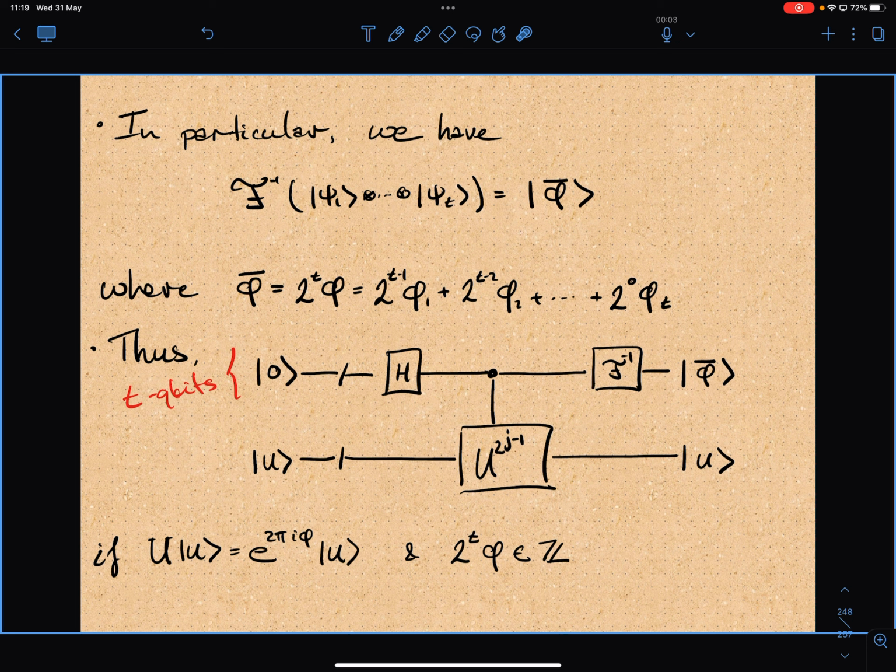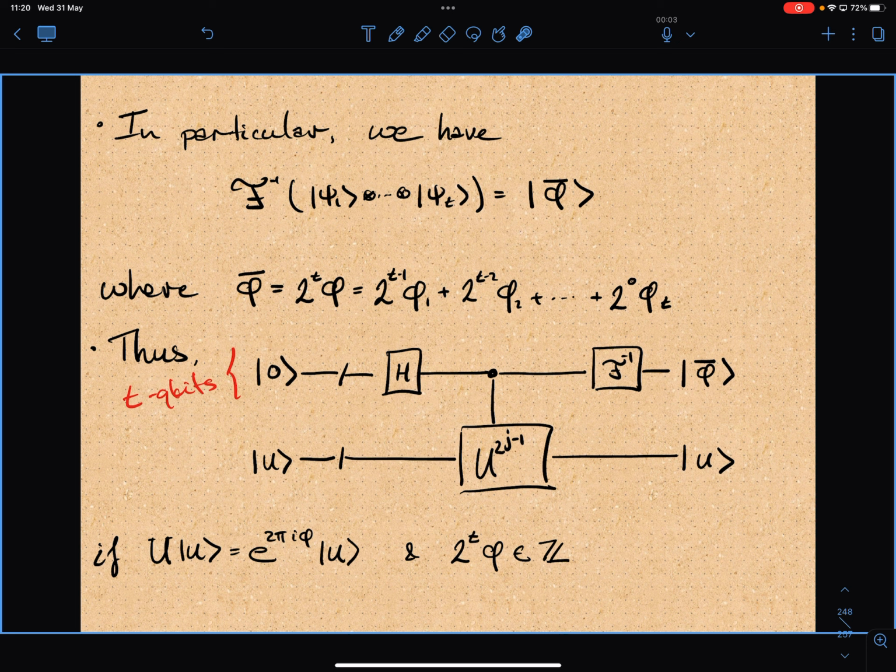The key part here, though, was that it had this terminating expansion, and depending on where it terminated, we included those number of qubits to actually measure phi exactly. So it's going to give us the phase factor 100% accurately.